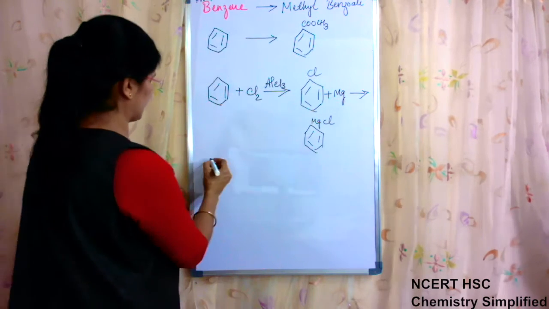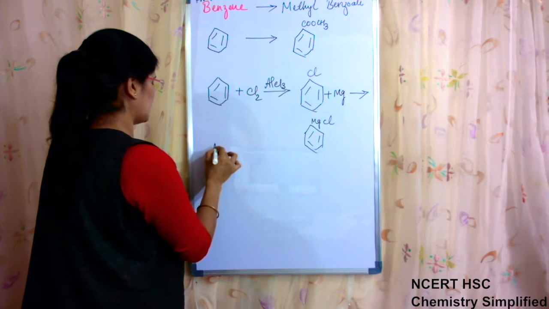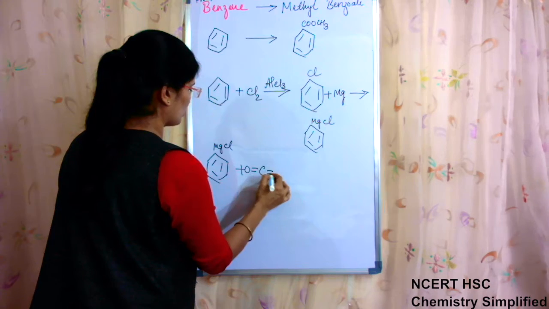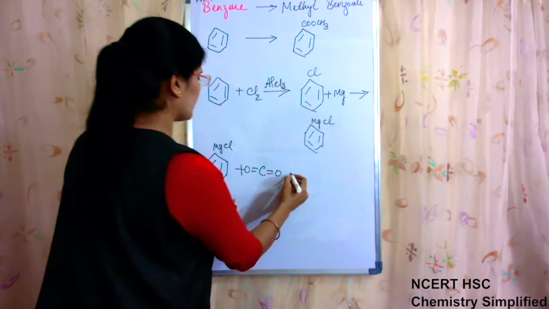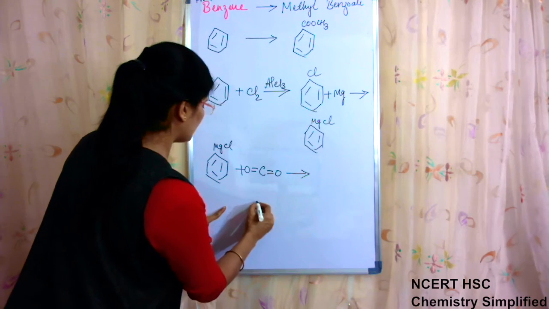This MgCl compound reacts with the O double bond C double bond O group. What happens in this? An intermediate is formed.